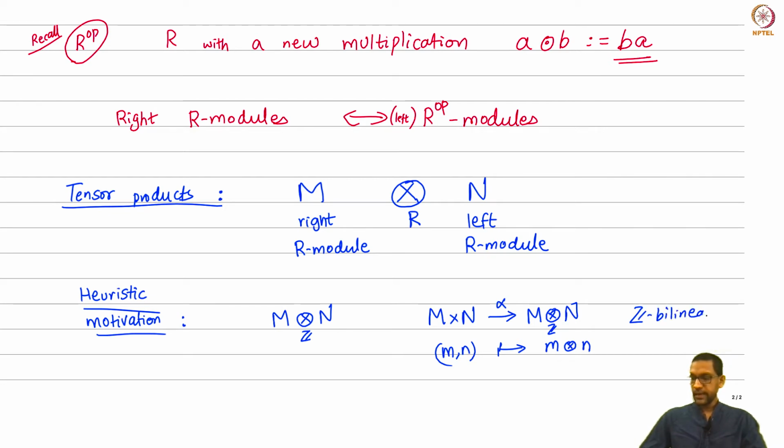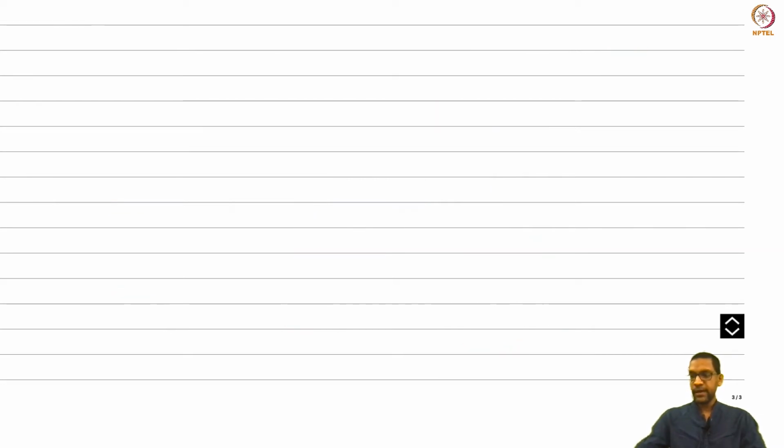Recall Z bilinear means that if I replace M by M1 plus M2, it distributes. Similarly, if I replace N by N1 plus N2, it splits into two pieces. Another way of saying what bilinearity is: if I multiply N by some integer A, then this scalar A can be pulled out.